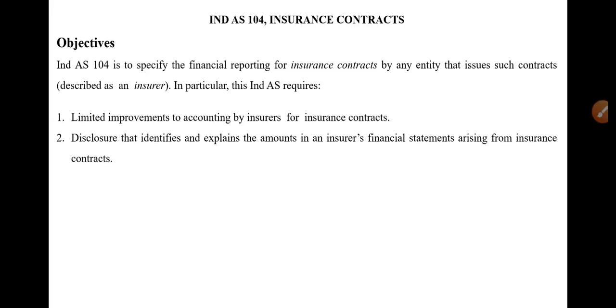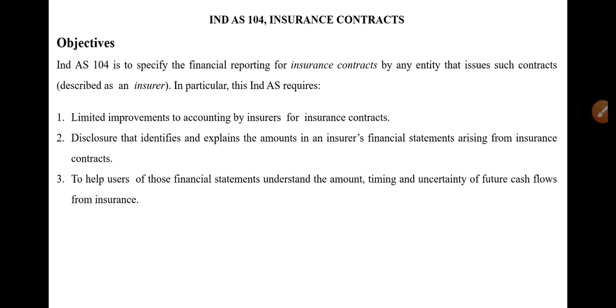They need to disclose and identify certain things in the financial statements, and explain the amounts in them. So the insurance company has to disclose information regarding the amounts, which explains the disclosures as well as identifies the insurance contracts. This is also one objective of Ind-AS 104.